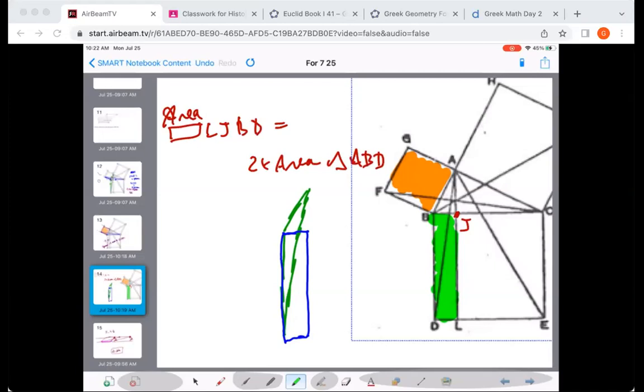LJBD on its own is double one triangle, and the square is double the other triangle. But because the two triangles are congruent, they have the same area. So the square is double one congruent triangle and the rectangle is double the other congruent triangle, and therefore the square and the rectangle must have the same area.